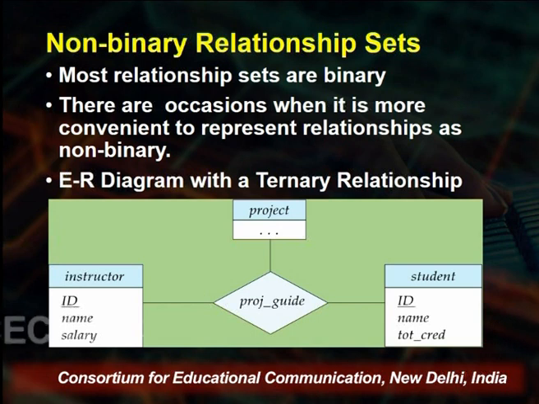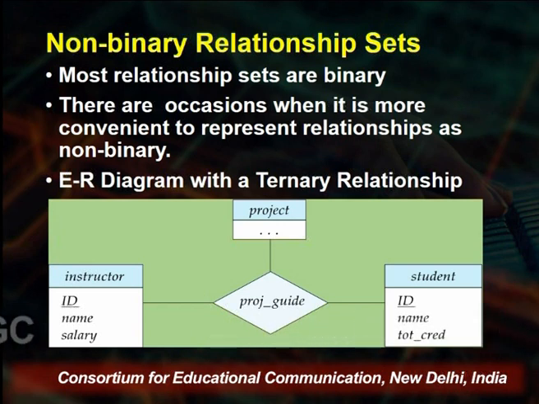One entity is project. No specific attributes of this project are shown here, but definitely a project is going to have some domain, some area, some name, title kind of thing, and some project code and something of that sort. So, project itself is an entity, and so are instructor and student, and all these three entities are associated using a relationship named project guide.